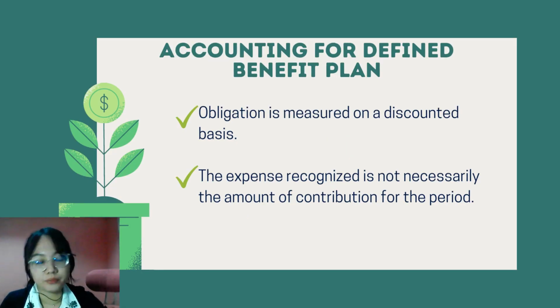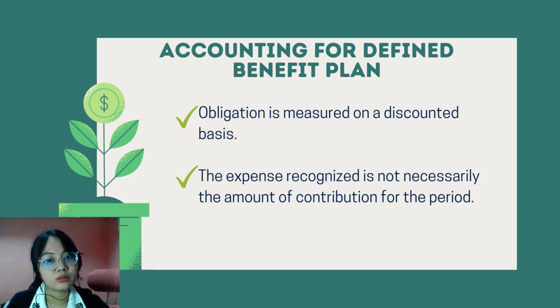Let's move on to accounting for defined benefit plan. Obligation is measured on a discounted basis, and the expense recognized is not necessarily the amount of contribution for the period. So, ito, mas complicated siya compared sa defined contribution plan.